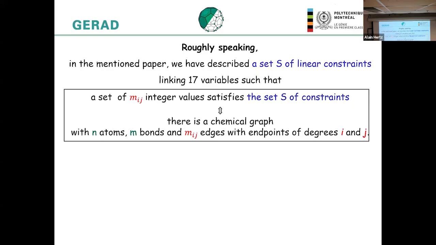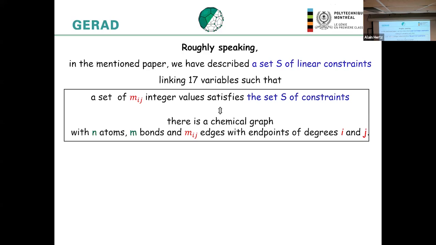And then you have a set of linear constraints. And so if the set of Mij integer values satisfy this constraint, then you know that you have a chemical graph with exactly n atoms, n bonds, and this number of edges in your graph.